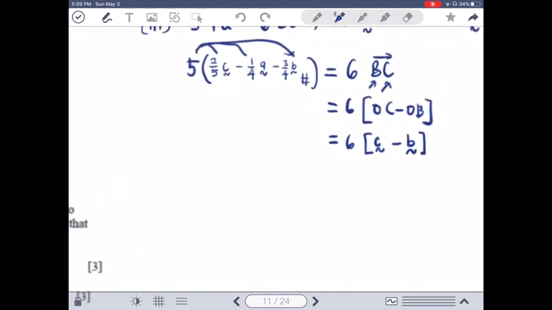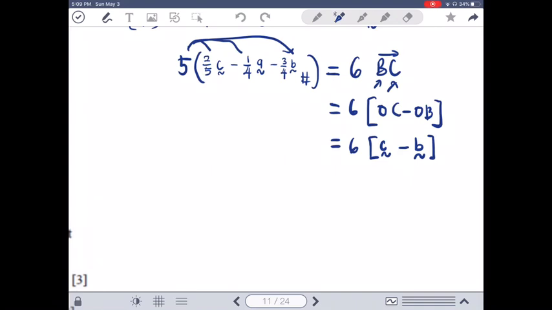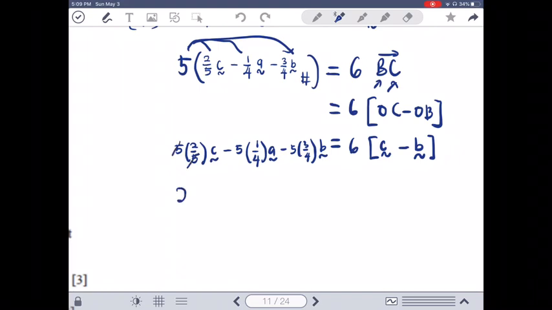We should get the first one, 5 times 2 over 5 C minus 5 times 1 over 4 A minus 5 times 3 over 4 B. Okay, simplify, we have 2C minus 5 over 4 A minus 15 over 4 B equals 6C minus 6B.